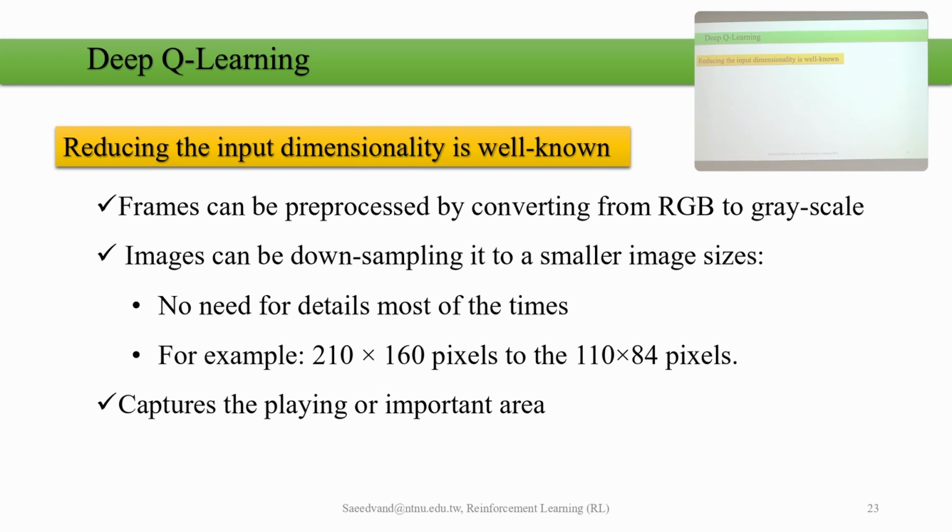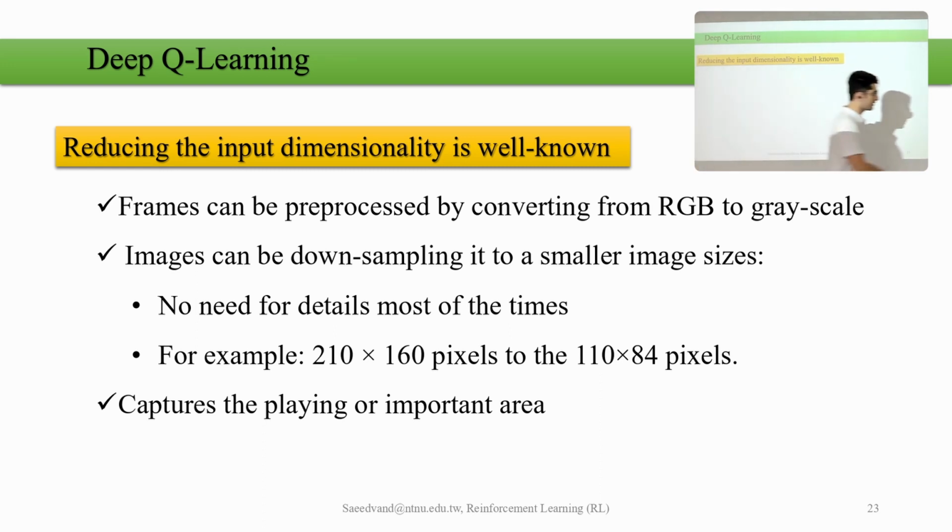We say reducing the input dimensionality is well known, whatever the problem you have. Although we said that we have a deep network, and that you can feed all the pixel information as input, still you can throw out some information that you know is useless. If you can do that, do that.